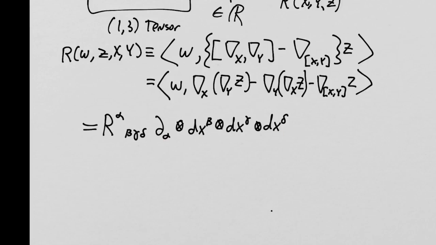So this guy here gobbles up 1 covector and 3 vectors. So that means it should gobble up, in our case, omega, z, x, and y. So this is just a restatement of this expression here, where instead of R, I wrote R out in component form after casting it in a particular coordinate system, the x mu coordinate system.